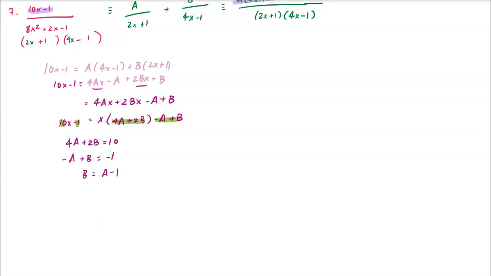So we have 4a plus 2 times a minus 1 equals 10. I substituted a minus 1 for b in the first equation. 4a plus 2a minus 2 equals 10. 6a equals 12. a equals 2.